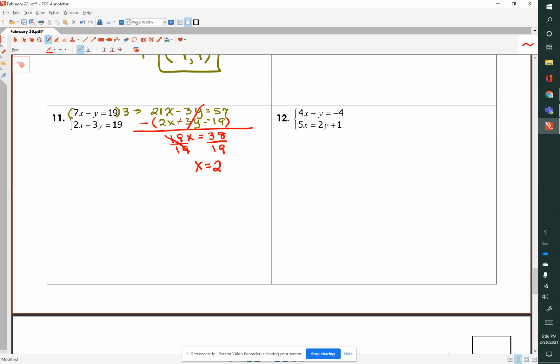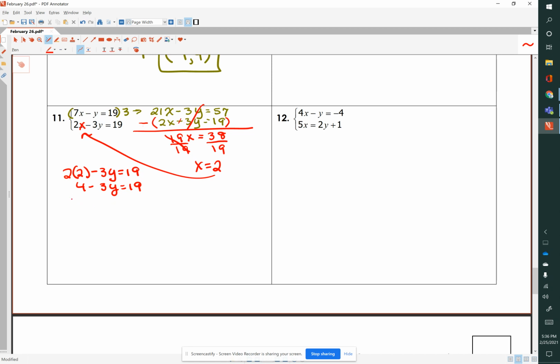So I'm going to take that 2 and insert it right here for x in the second equation. So 2 times 2 minus 3y equals 19. And we'll solve for y. 4 minus 3y equals 19.